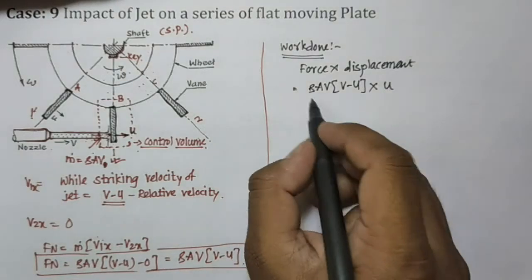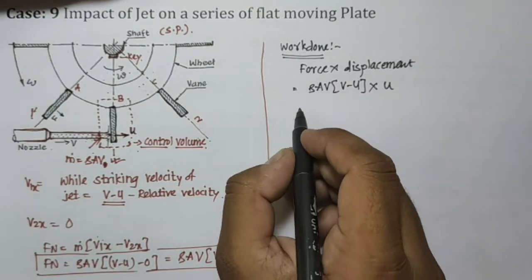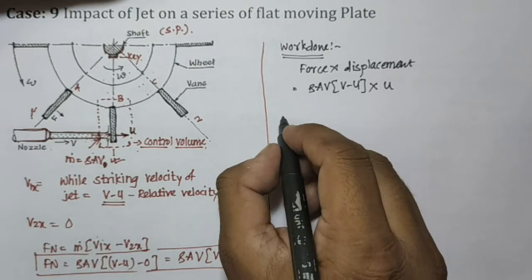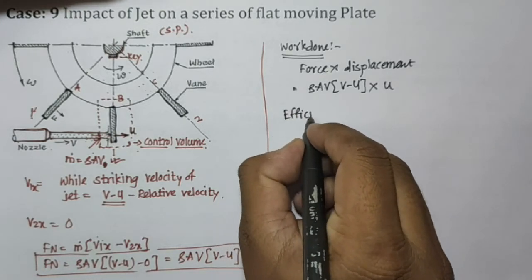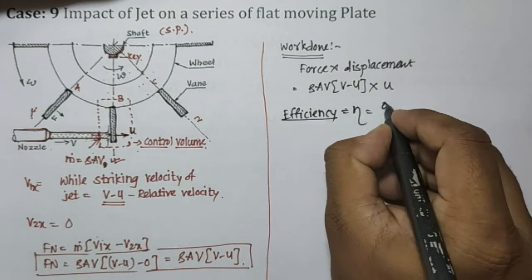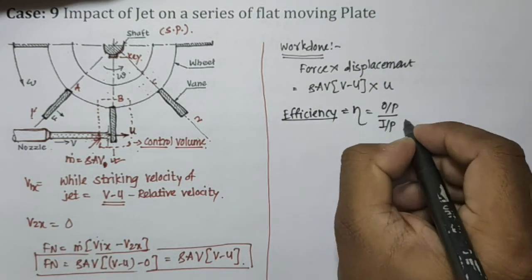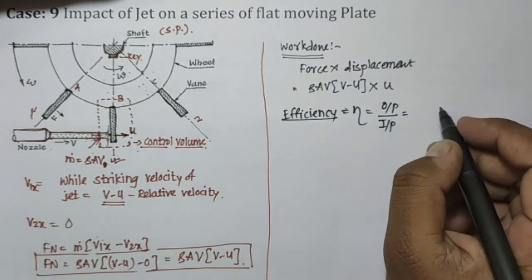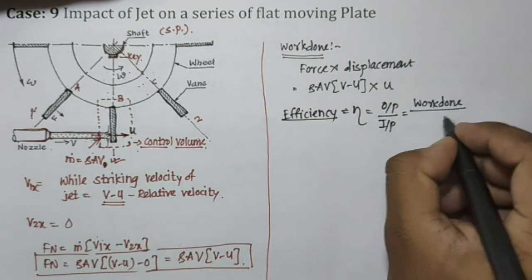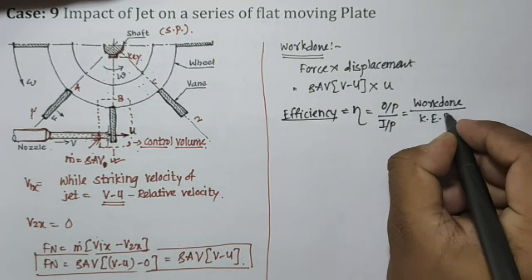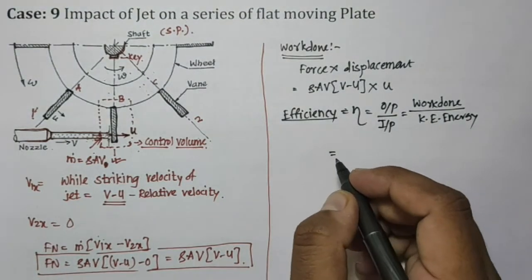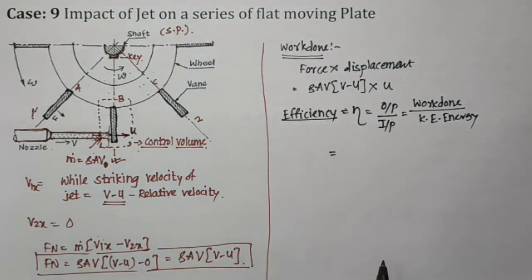This is what we call the work done. And now efficiency. The efficiency is nothing but output upon input. In this case, output is work done, input is the kinetic energy in water. So this particular work done can be found like this.